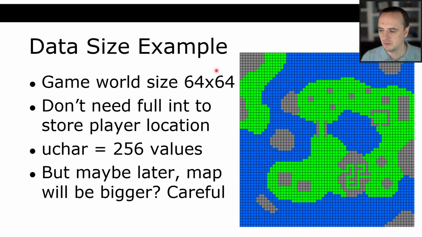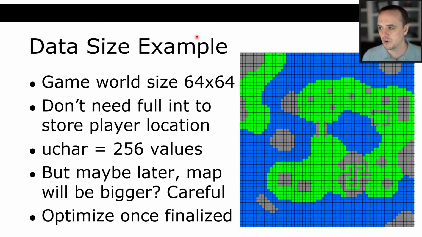But the problem here with premature optimization is, let's say you did do this optimization and later there were huge maps that were like tens of thousands of tiles wide or whatever. Then this premature optimization means now you have to, okay, I actually need a bigger value to store things. So what I'm recommending is that, yes, in your first pass, when you make everything work, just use integer values, right? Don't prematurely optimize things.